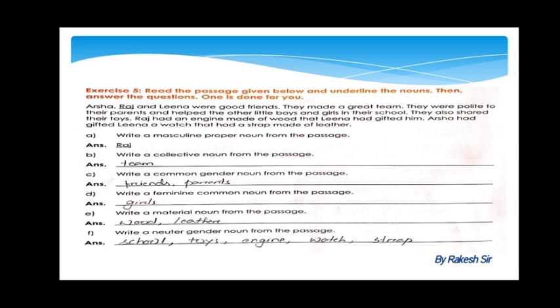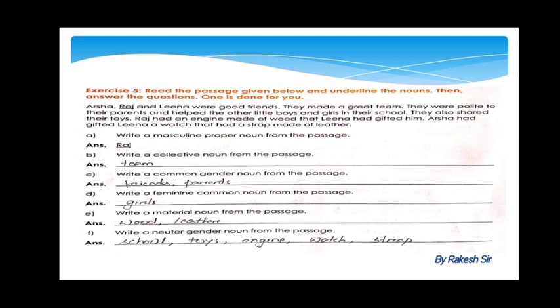It is not mandatory to write two, because the question asks for only one. I wrote both so that you don't ask why parents did not come; you just write only one.